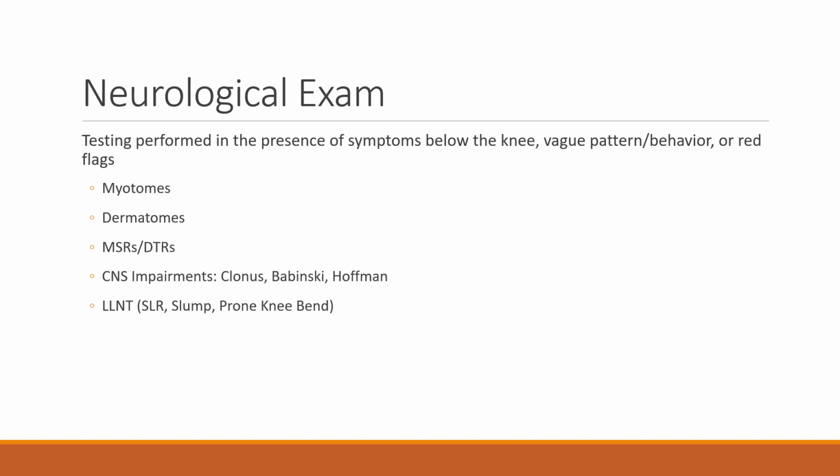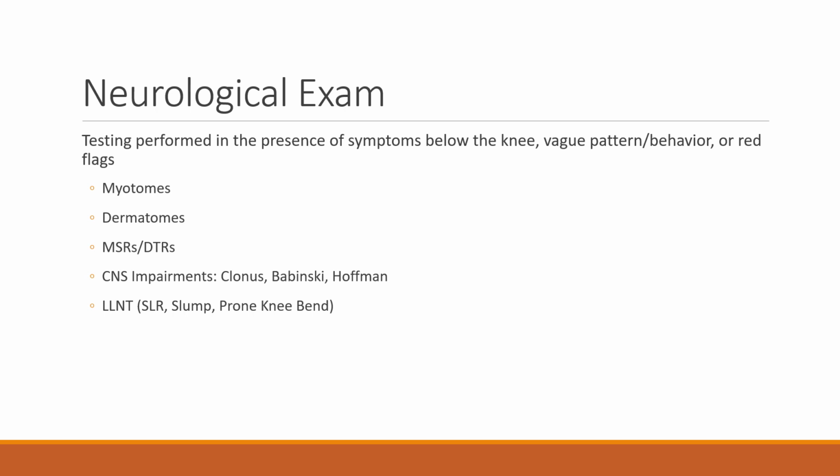It's also indicated if we hear a vague pattern or behavior of symptoms, potentially multiple dermatomes being affected, the entire limb being affected, or potentially red flag findings. If there are positive neurologic findings and there are concerns for red flag findings, it really elevates the need for diagnostic imaging if the nervous system is involved.